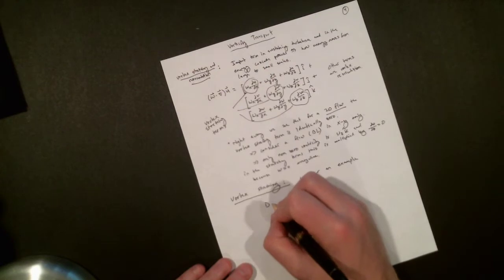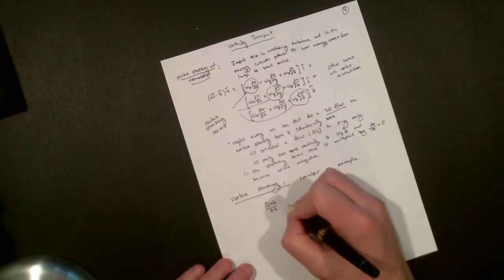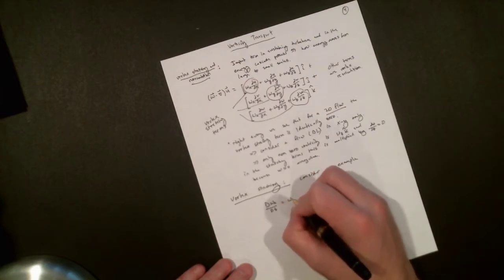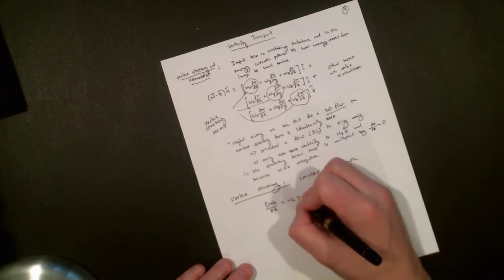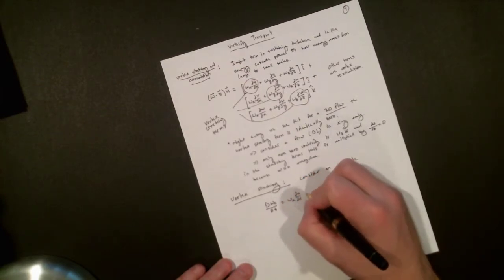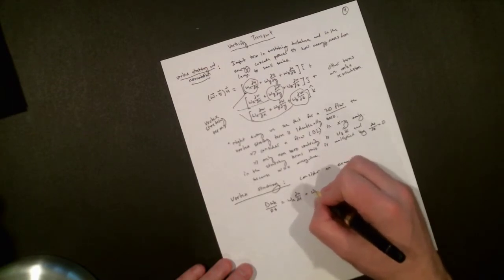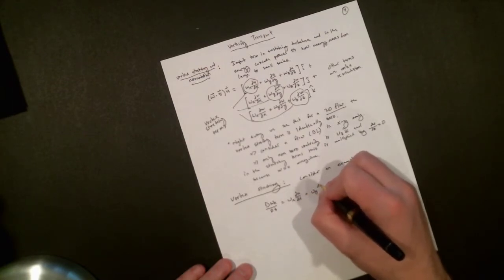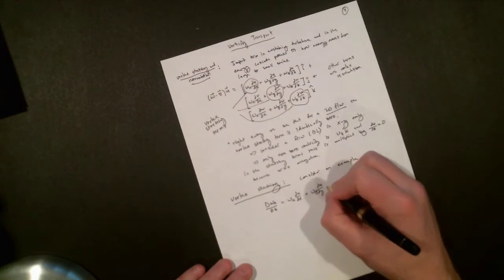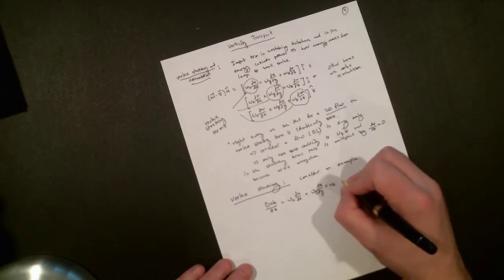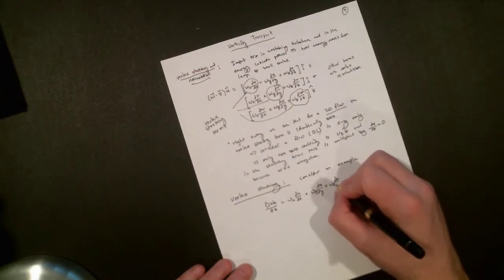We have the material derivative of the vorticity in the x direction, which is just omega x du dx plus omega y du dy plus omega z du dz.